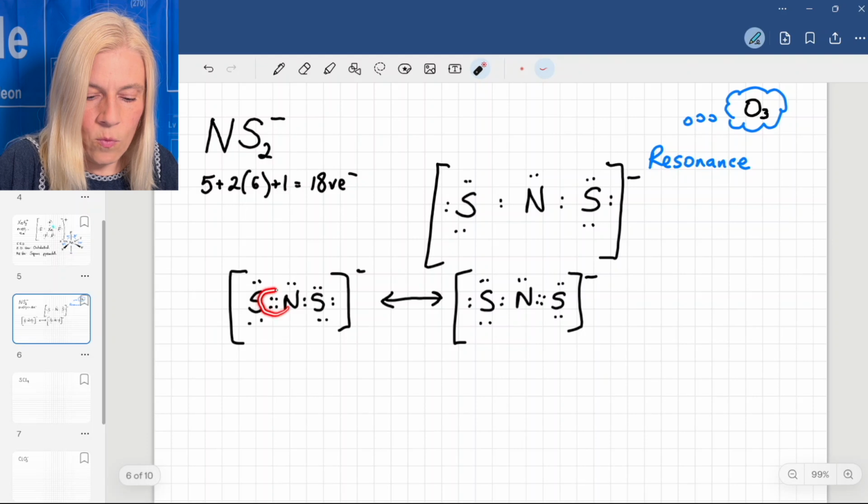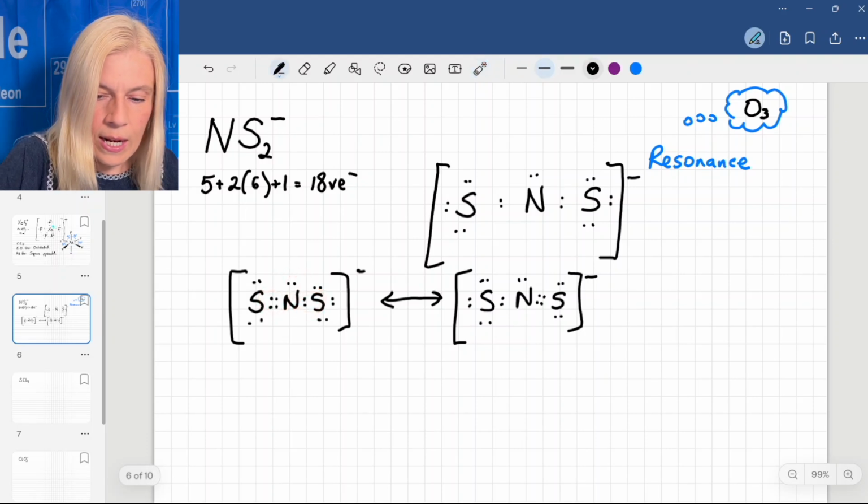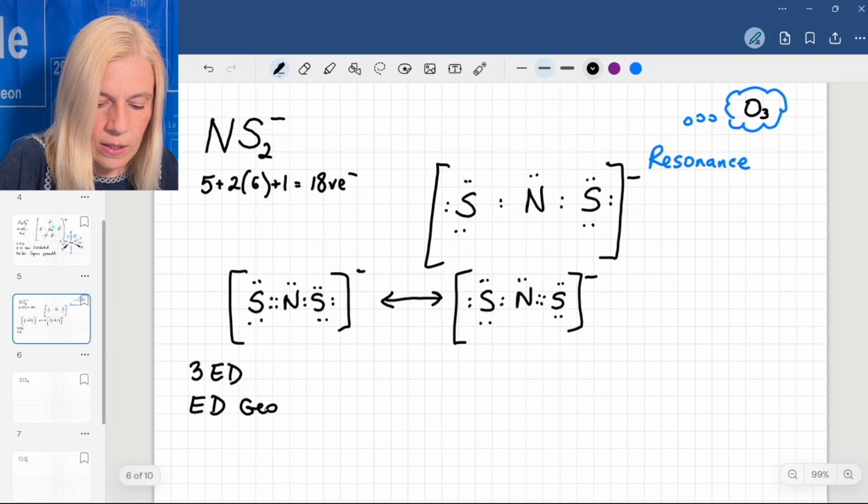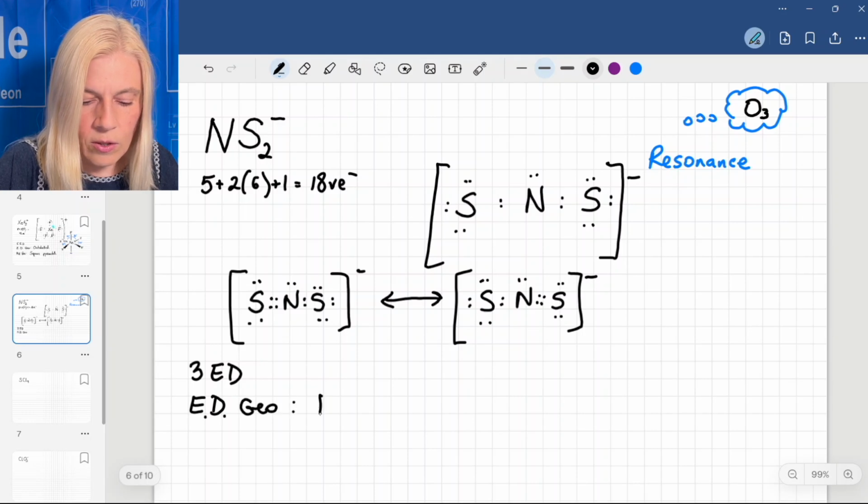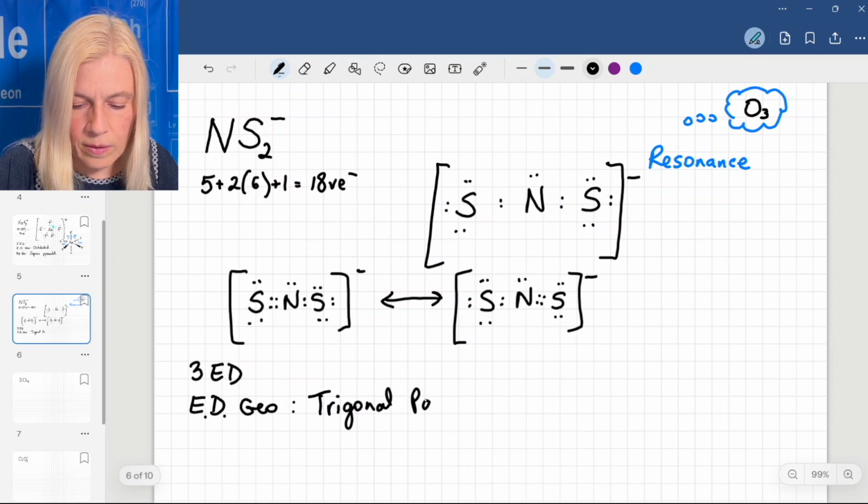So let's count. We have 1, 2, 3 electron domains. Yes. So I have 3 electron domains. Electron domain geometry is trigonal planar. Let's draw this.